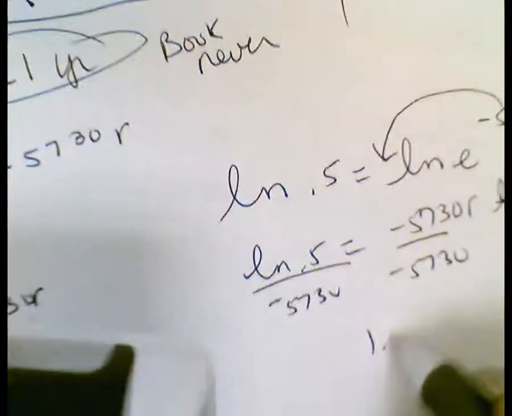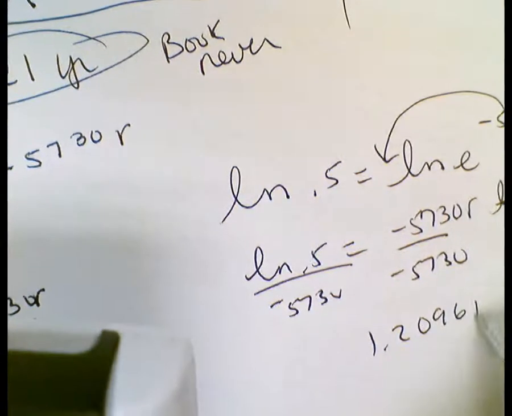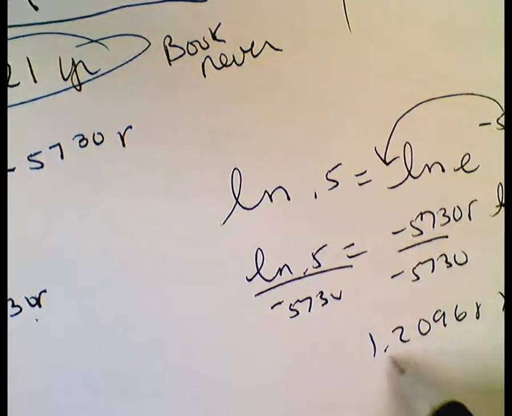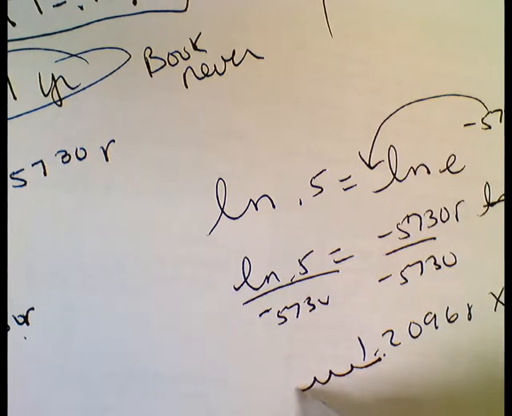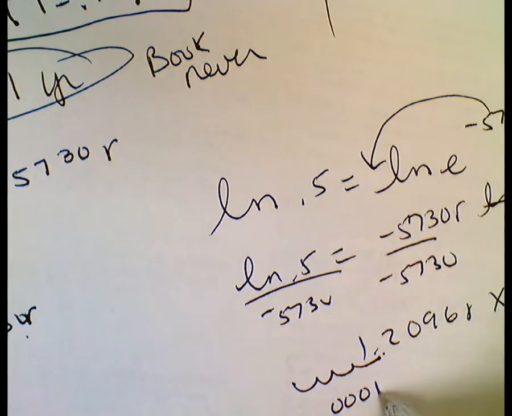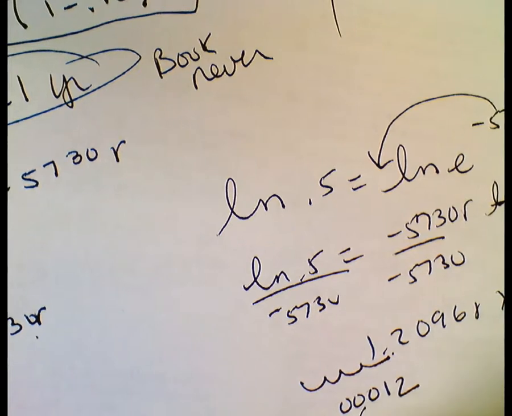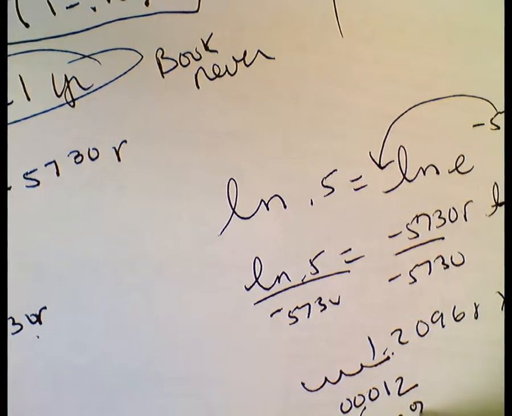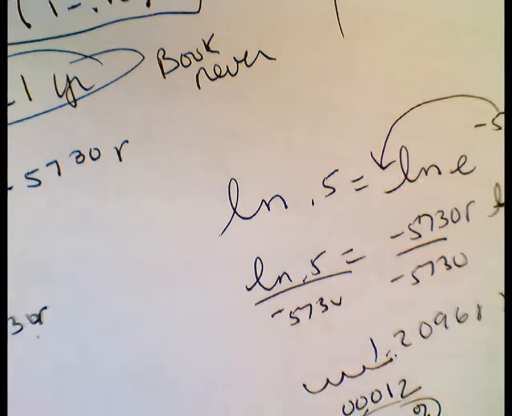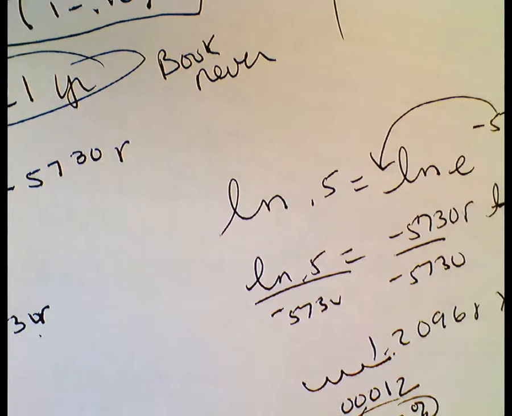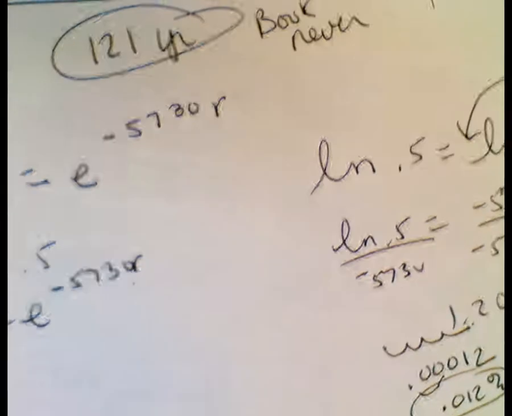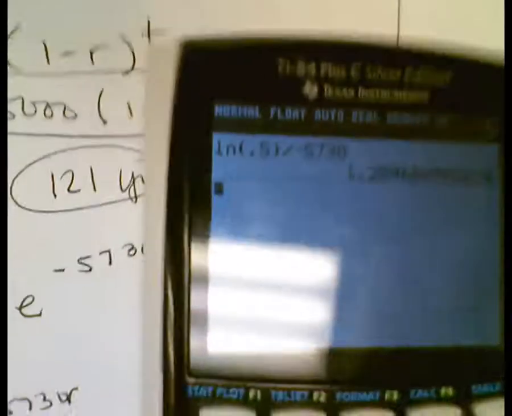It says 1.20968 times 10 to the negative 4th, which means make this decimal go 4 to the left. So your rate is 0.012%. That's it.